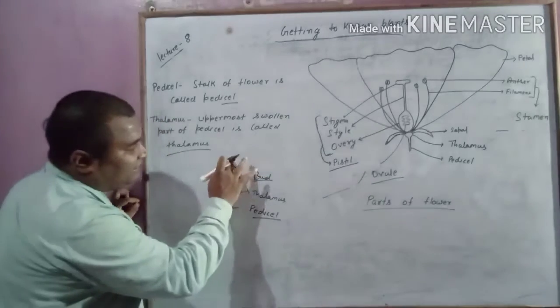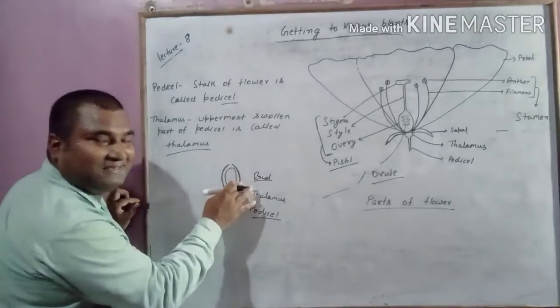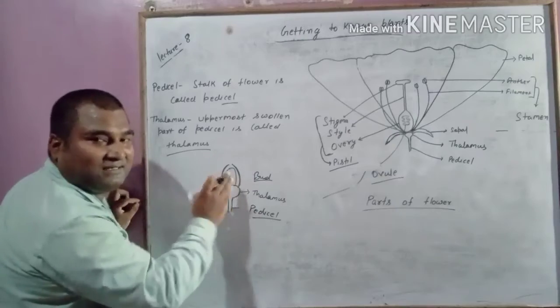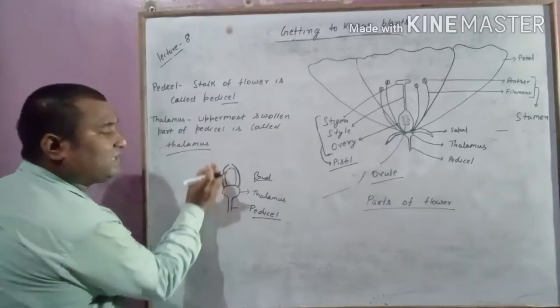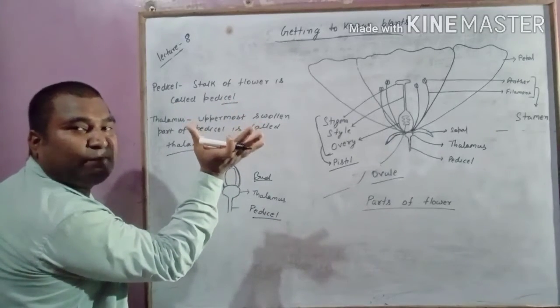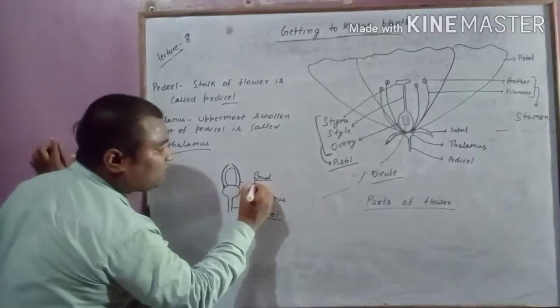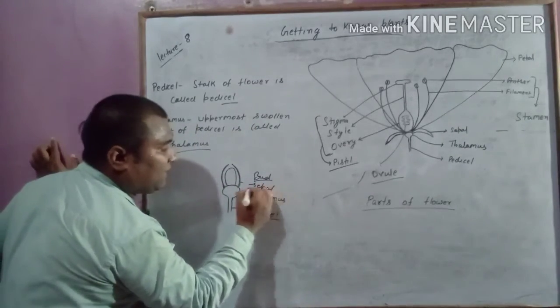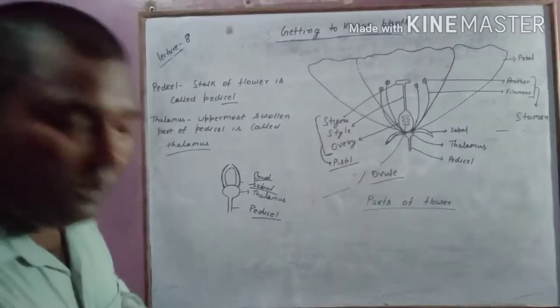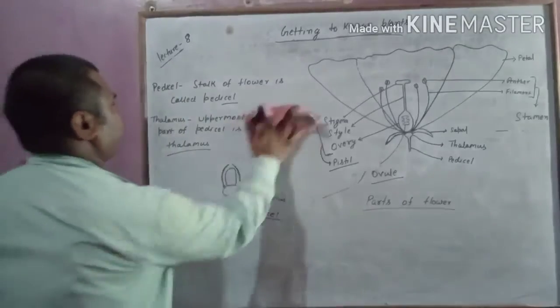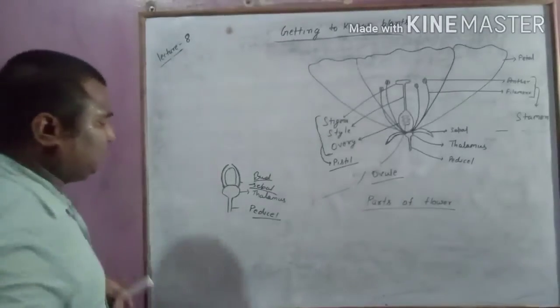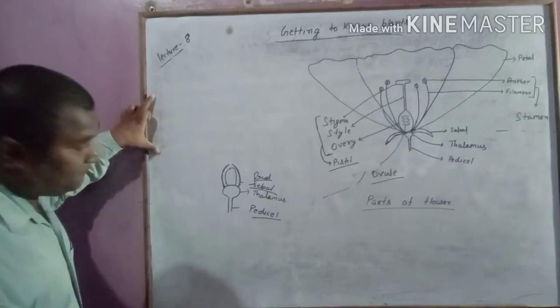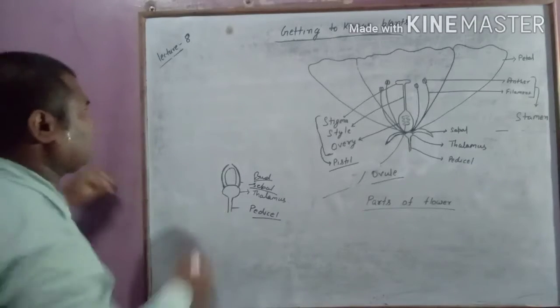In bud condition, the outermost layer is this green layer; when it opens, the colorful petals come out. This is called sepal. So this is called sepal.